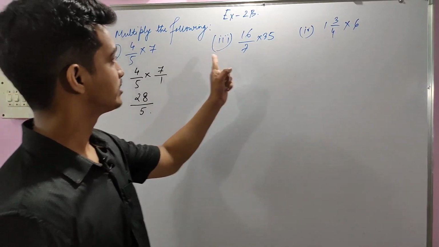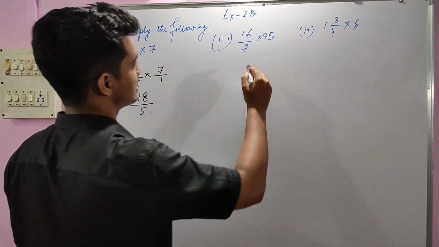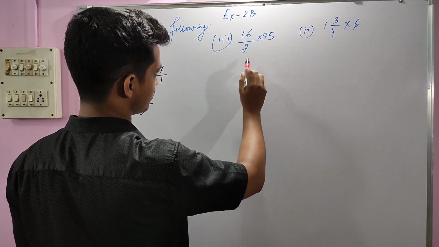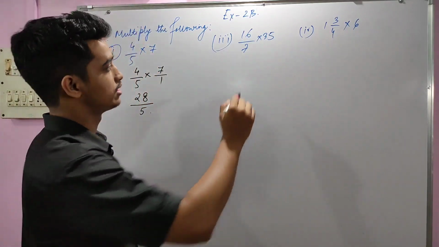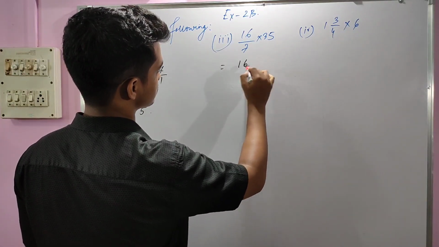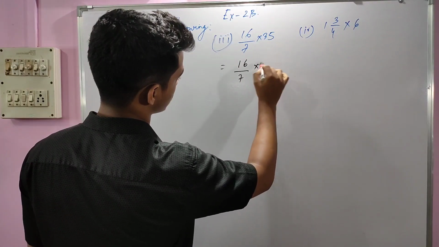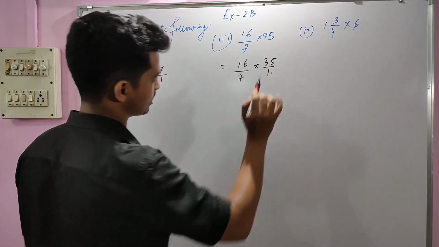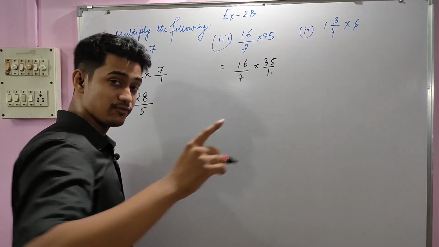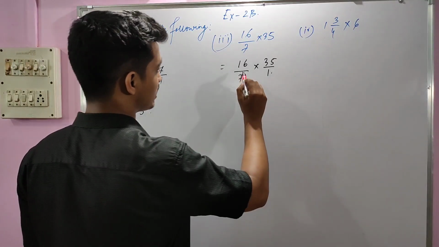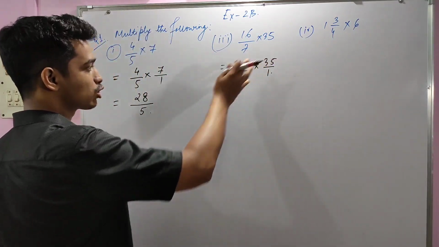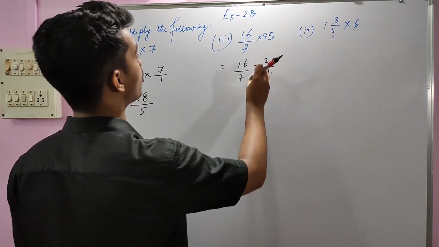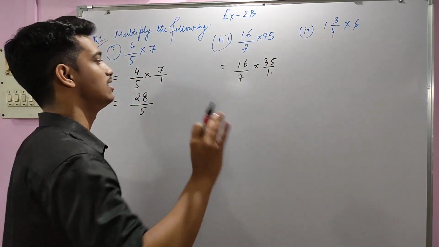Now see, question number 1.3. Question number 1.3 is 16 by 7 into 35, right? So first of all we can write it like this, 16 by 7 into 35 by 1, right? Now as I have told you, we can cancel out crossways as well if the operator is multiplication.